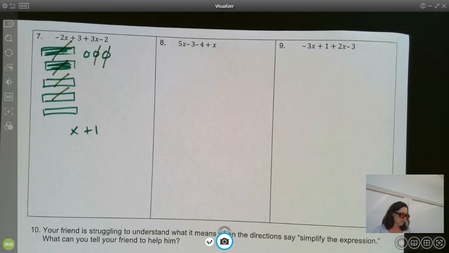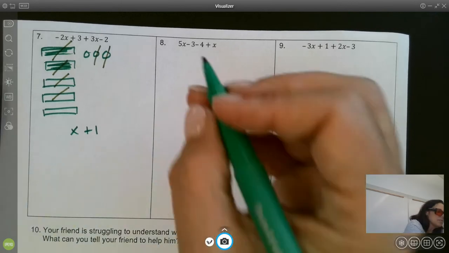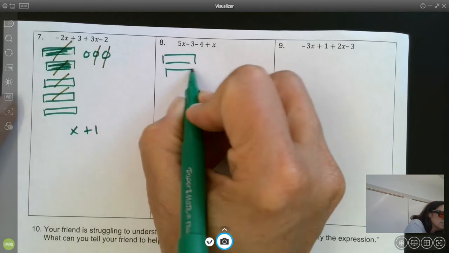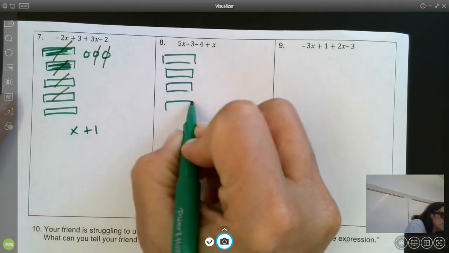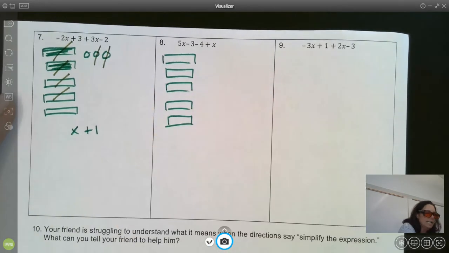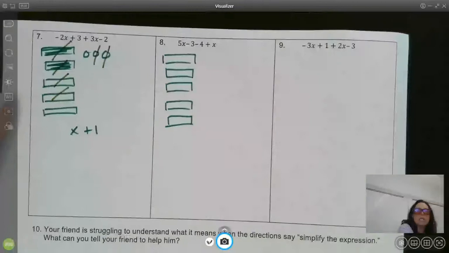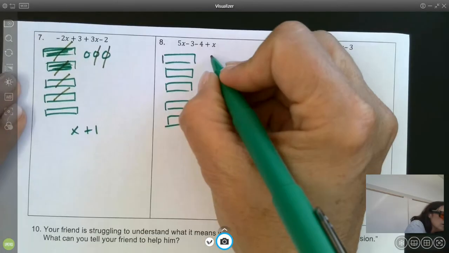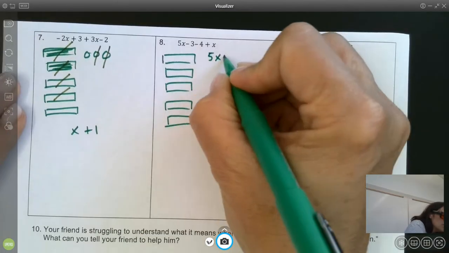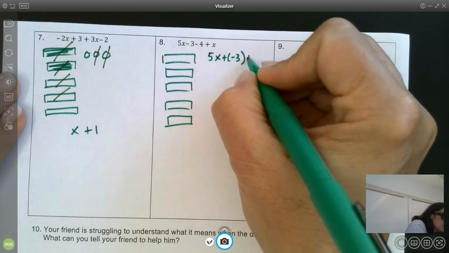All right, here goes the next one. I've got 5 x tiles. And if I'm taking away 3 unit tiles, I don't have any. You know what? It would be much easier to rewrite this as this.